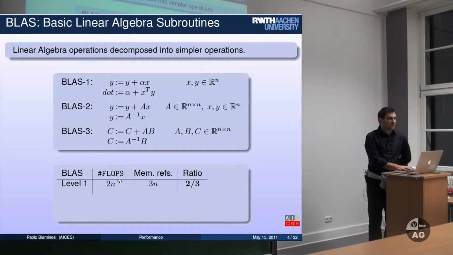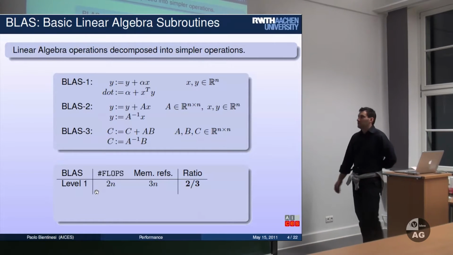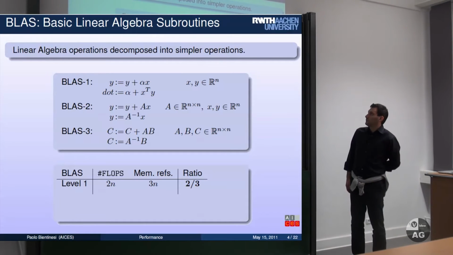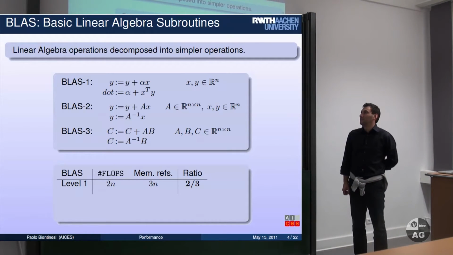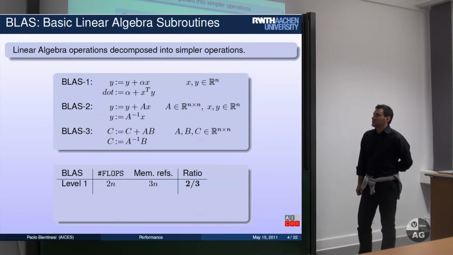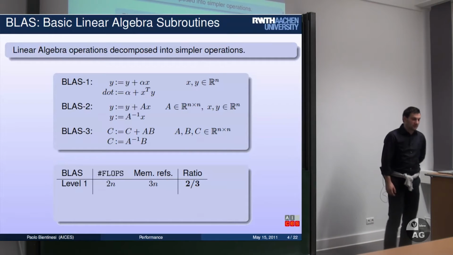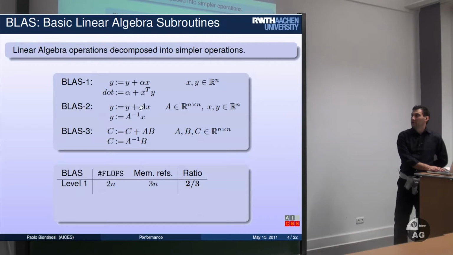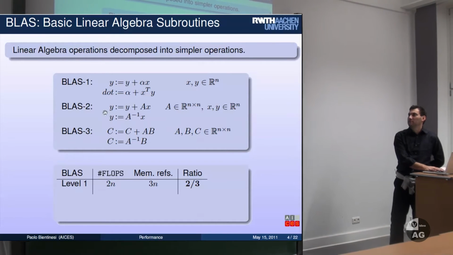Now, you guys seem to have problems with this. What about flops? How many flops do we perform? No, that's matrix product. This is just matrix-vector. We are here. A is full. Down here is triangular.